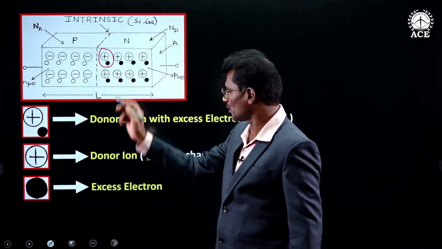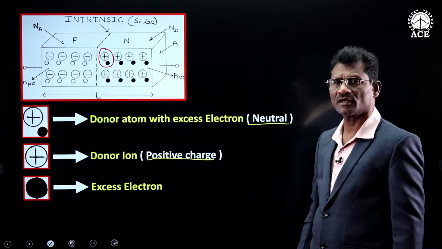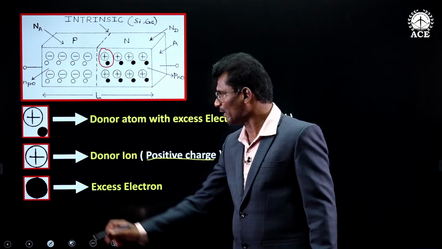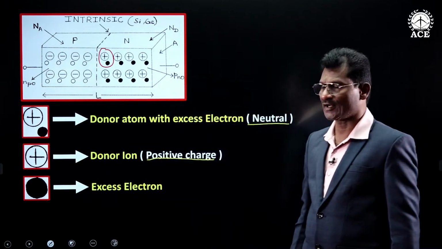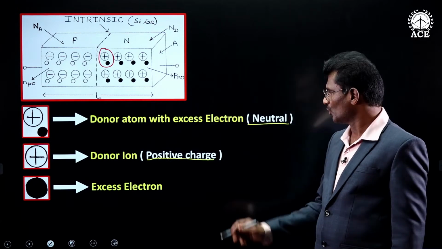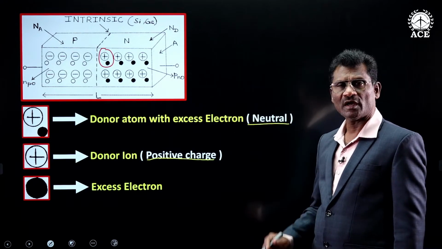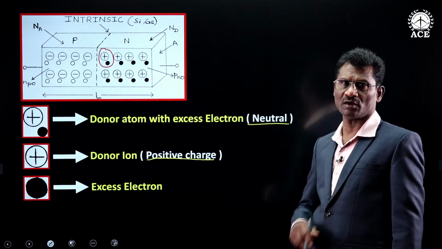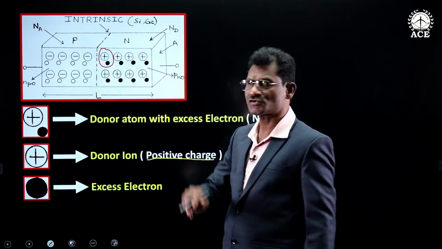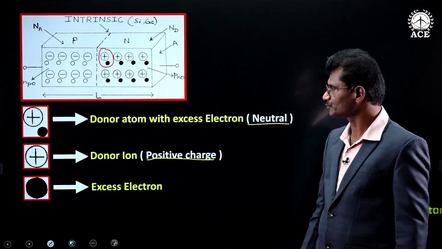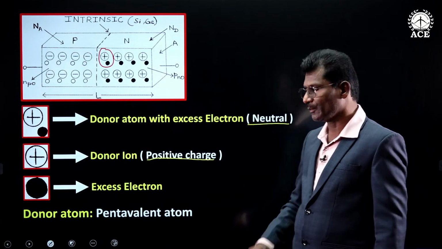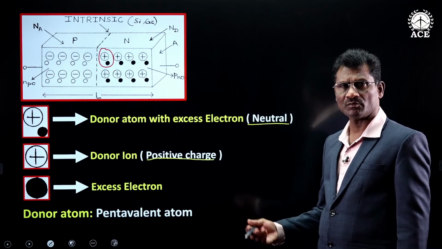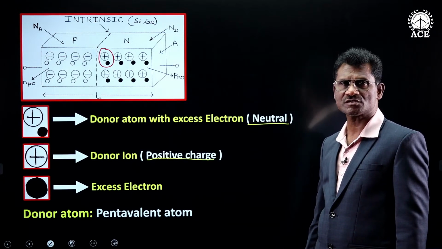And that small dot at the bottom represents the excess electron. You may wonder why a positive sign is shown. The reason is this donor atom, which is electrically neutral, after donating one excess electron becomes a positive ion, and hence a positive symbol is shown. Donor atom means a pentavalent atom, that is, an atom having 5 electrons in its valence shell.